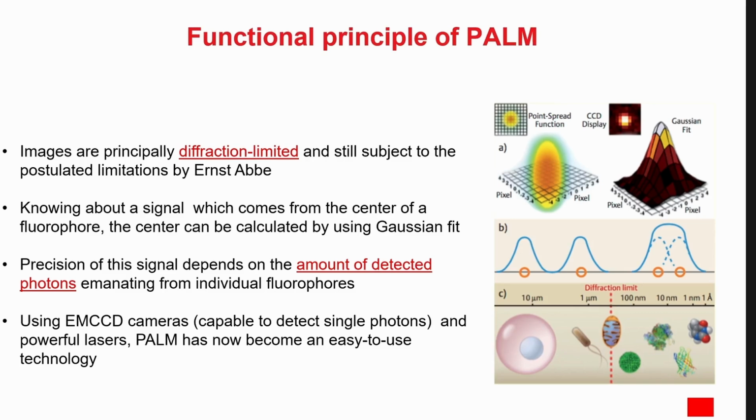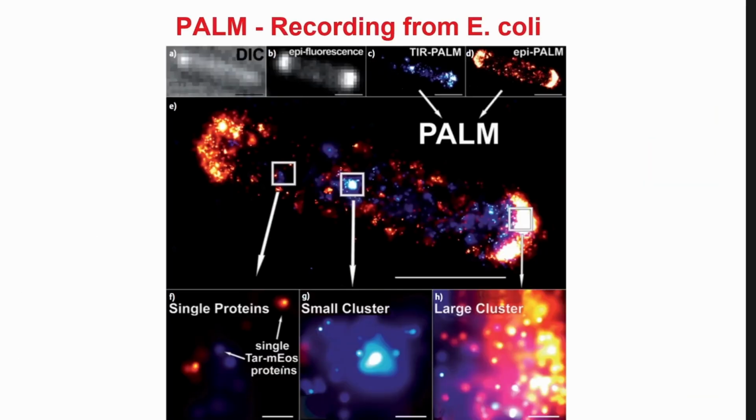So they emit photons spatially separately, but they emit enough of them. So the signal from each molecule is bright enough so I can fit a very nice Gaussian function. Of course, it also helps if you have a very good camera, high sensitivity. It doesn't have to be terribly fast, but it has to be very high sensitivity.